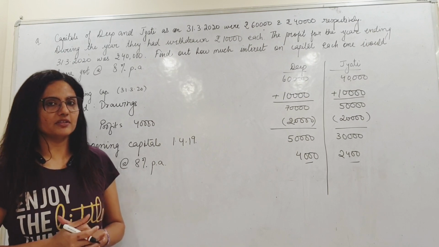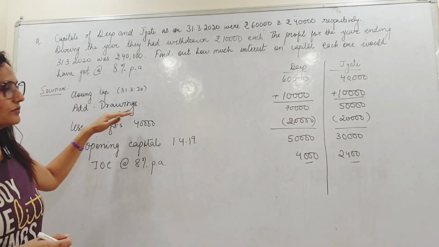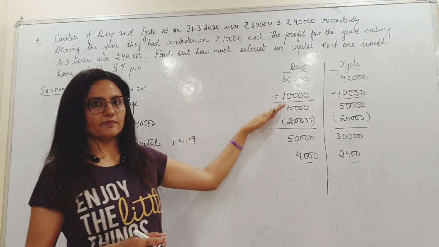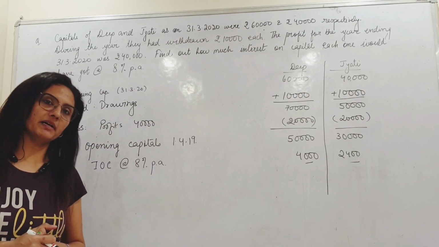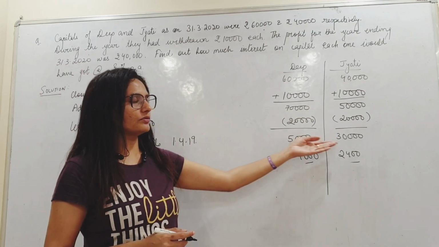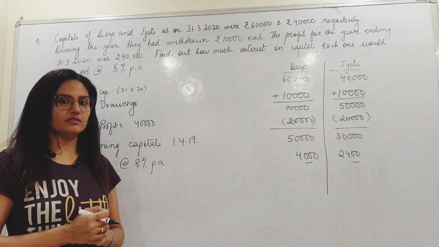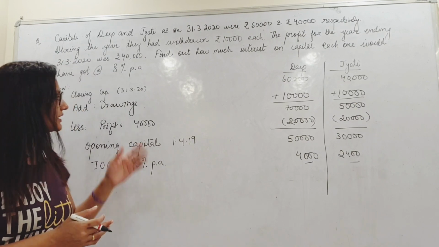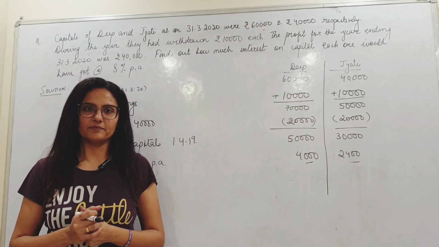A small assumption I have made here. If you would notice, drawings हुआ है ना, withdrawals, capital has changed during the year. But why have I chosen to give the interest for the whole year on 50,000 and 30,000? I've made an assumption क्योंकि date of drawings नहीं दिया है. I made an assumption कि drawings end of the year में हुआ है, right?